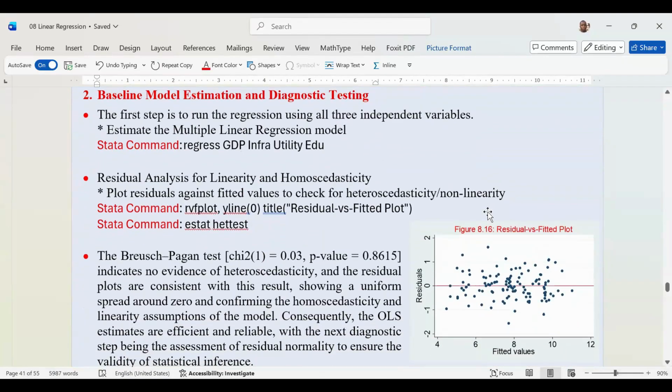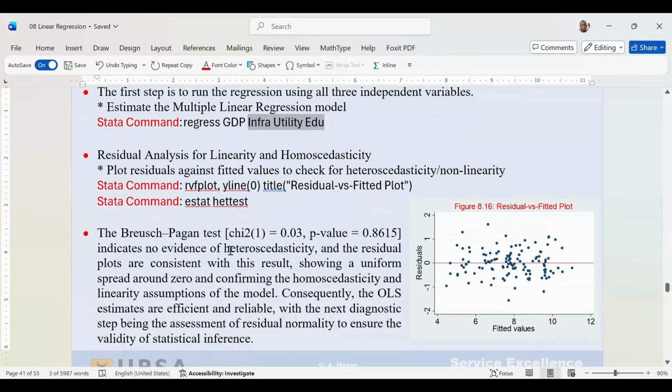So I have to perform the baseline regression model to conduct my test. So you regress GDP against the other three independent variables. Then you run the residual test. You do the residual test and the Breusch-Pagan test, this one.